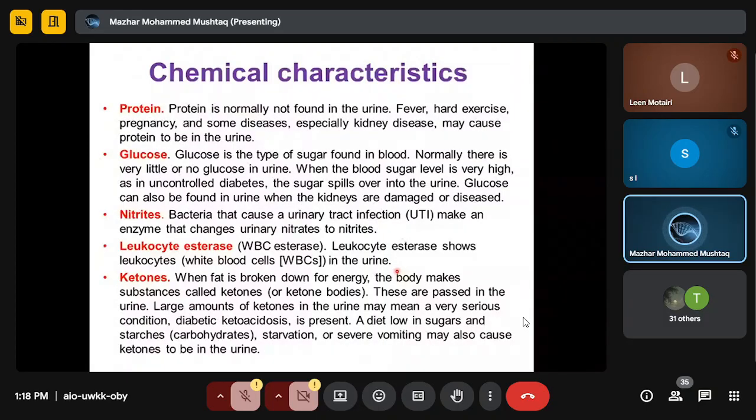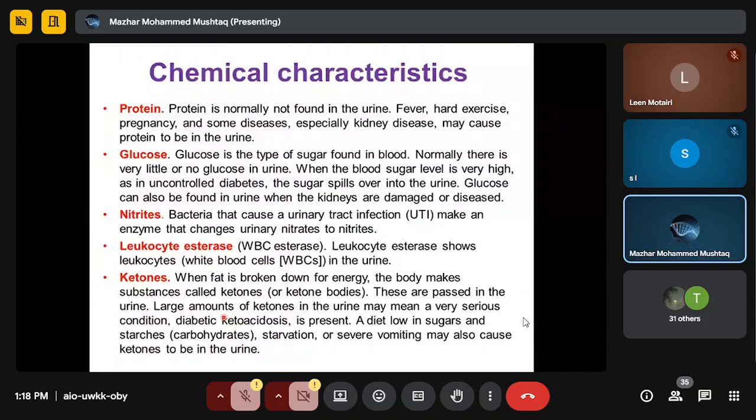But as I said, a diet, for example, low in sugar and starch, carbohydrate, or prolonged starvation can also have some ketones produced, and since ketone, the acetone, is a water soluble compound, it can be easily filtered out and can be present even during fasting, starvation, vomiting, or when you are taking a low amount of carbohydrate.